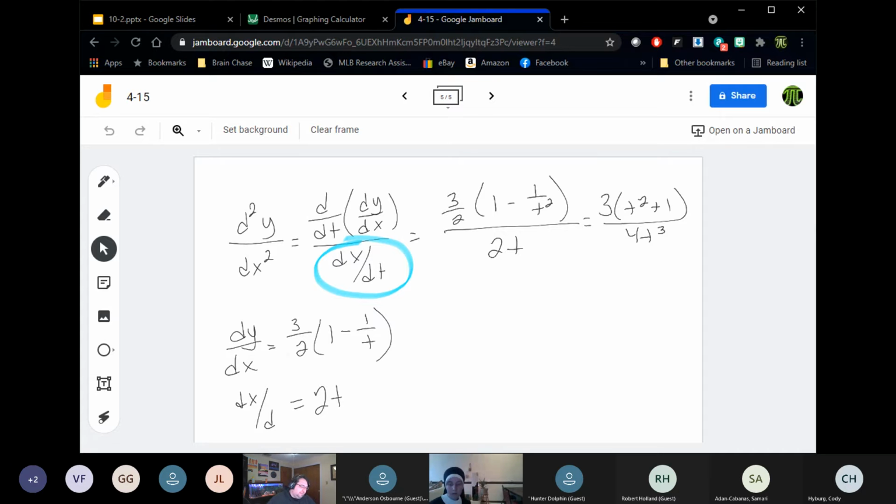All right. To figure out concavity, we need to know where it's concave up and concave down. So it's concave up when it's greater than 0, and it's concave down when it's less than 0. Where do we get that assumption from?